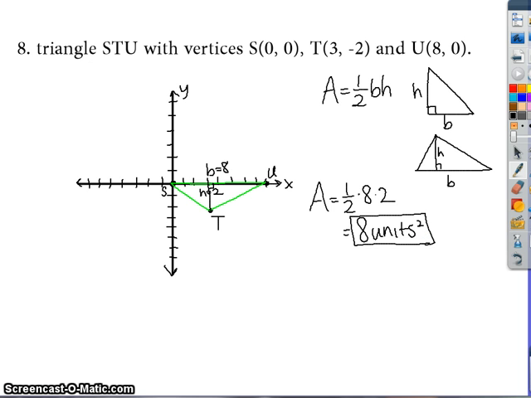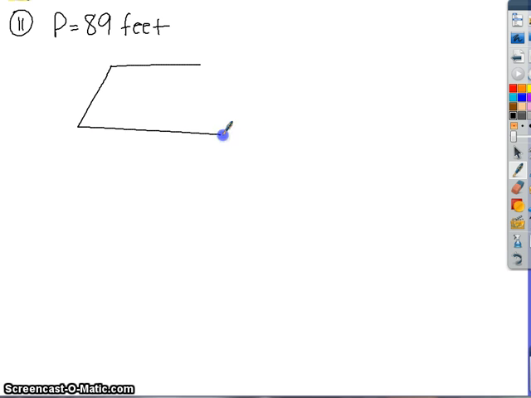And then the other type of problem that I'd like to do would be like number 11. So number 11 says that the perimeter is 89 feet, and then we're given a quadrilateral that resembles a trapezoid of sorts.